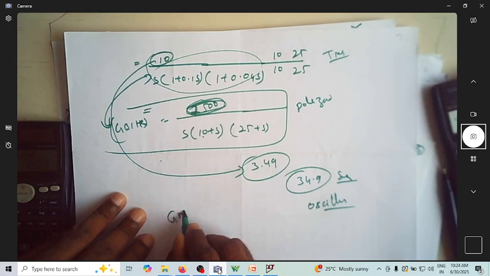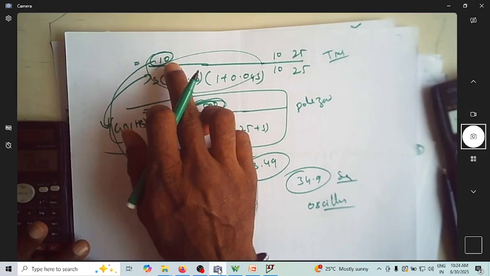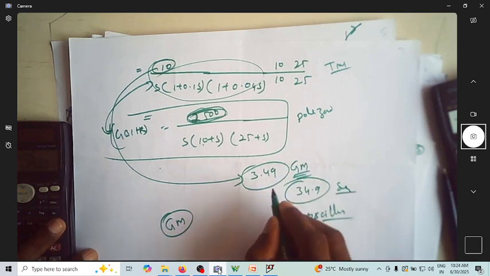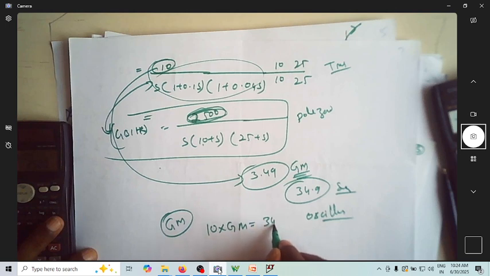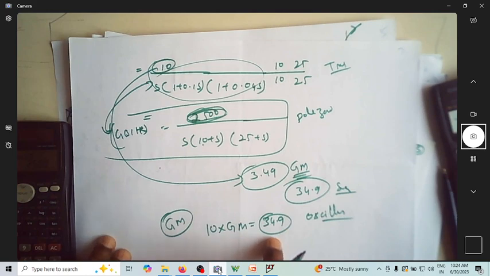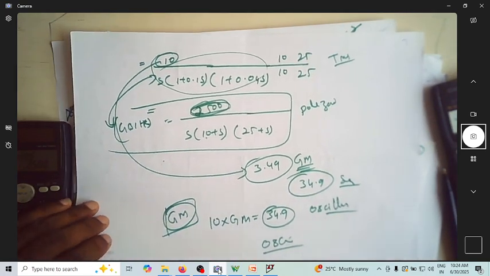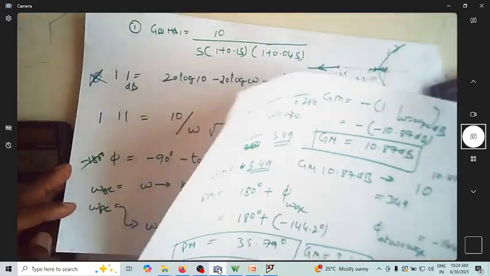Gain margin means you can make a system oscillatory if the existing system gain is multiplied by the gain margin. So 10 into the gain margin gives 34.9 in this case, and with 34.9 as the system gain, the system will be oscillating. That is the meaning of this gain margin of 3.49.